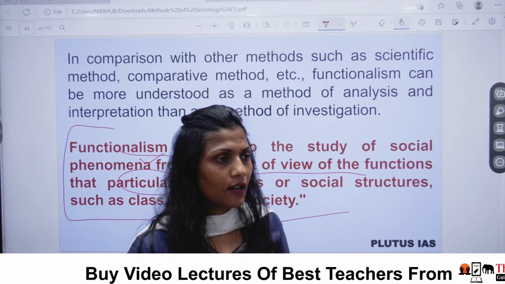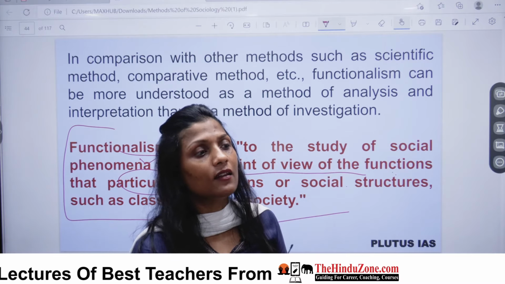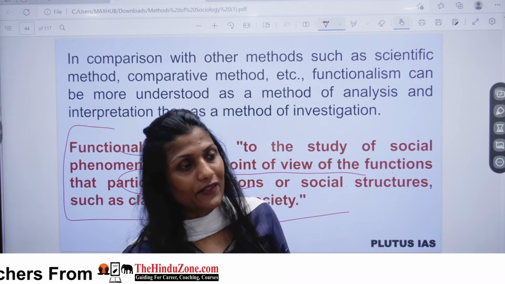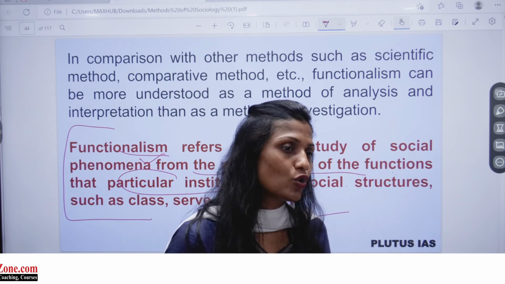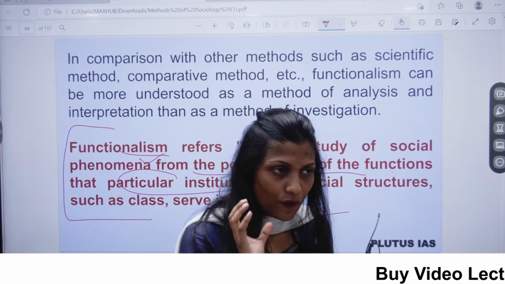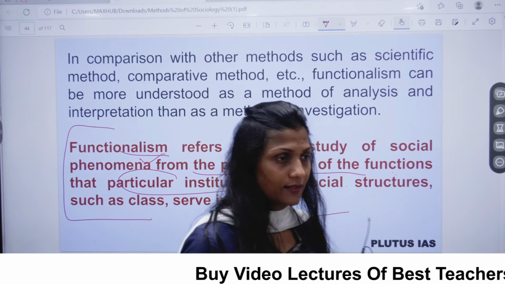By using the functionalist method, we can obtain very authentic information on whether this political institution is serving its function or not. The functional method emphasizes the functioning of these institutions.